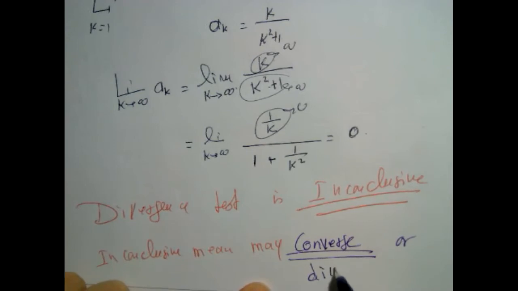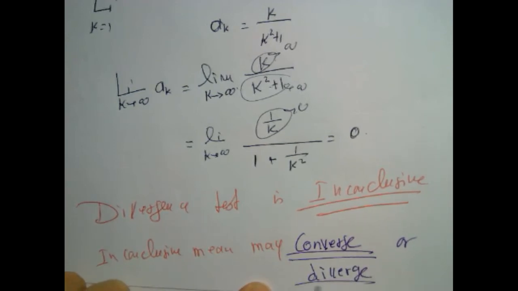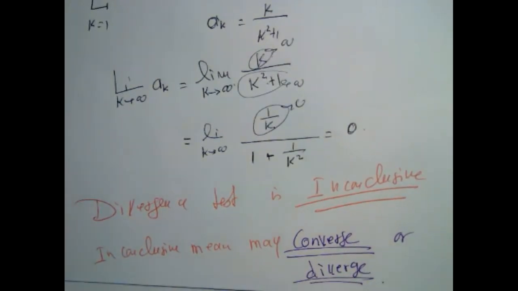We don't know yet. If the terms become small, the divergence test is inconclusive; we actually don't know. The series may converge, the series may diverge. We have to learn a lot, and that's what we'll be doing this week to decide which way it goes.